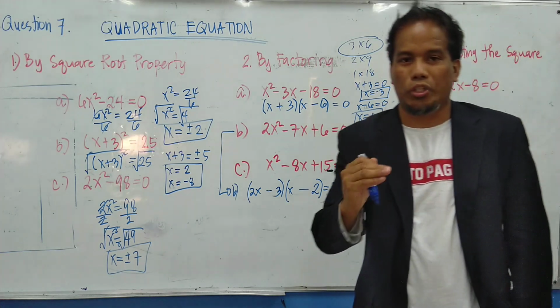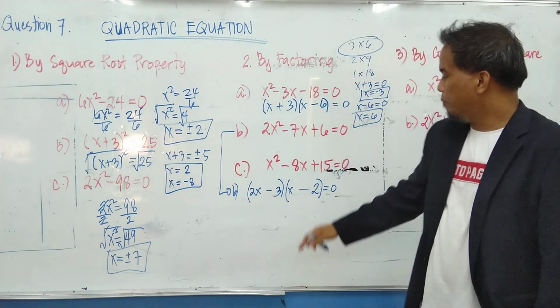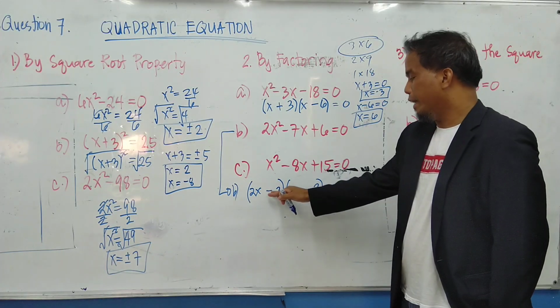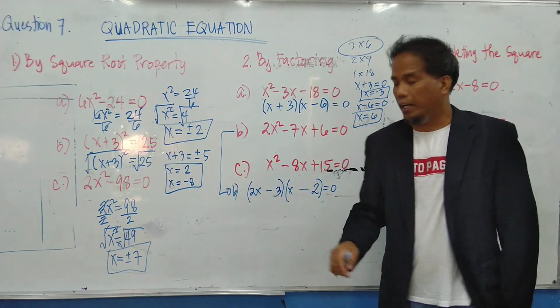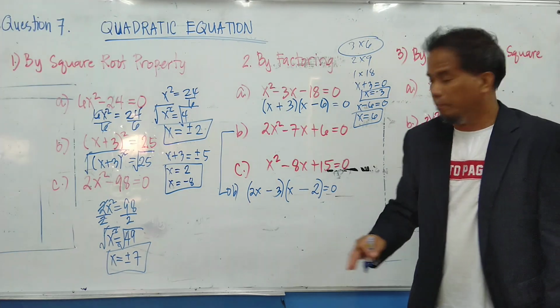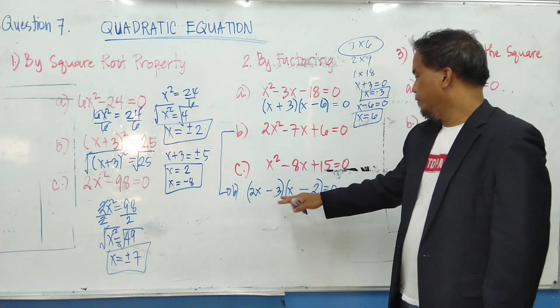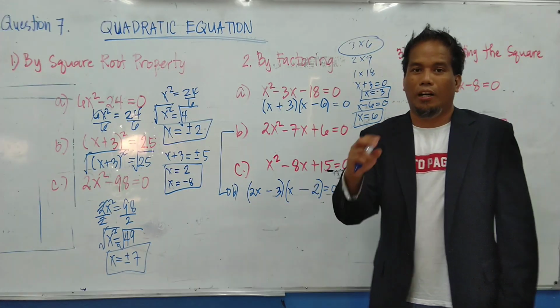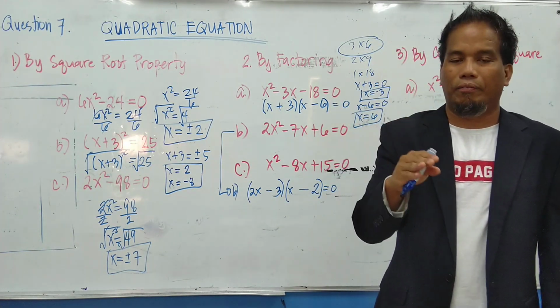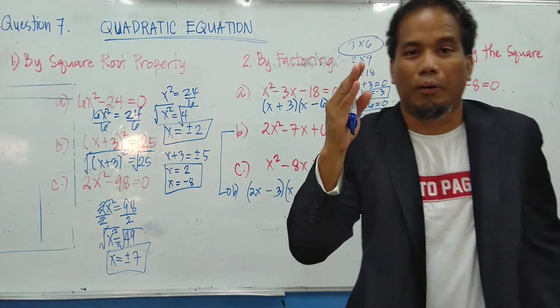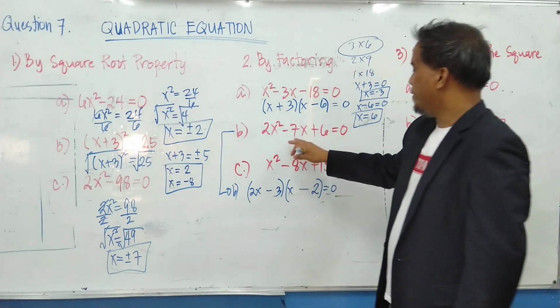Then, if you want to check your middle term, you multiply the inner term, negative 3 times x equals negative 3x. Then your outer term, negative 2 times 2x is negative 4x. So then add negative 3x plus negative 4x is equal to negative 7x.